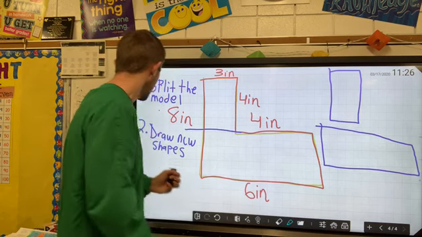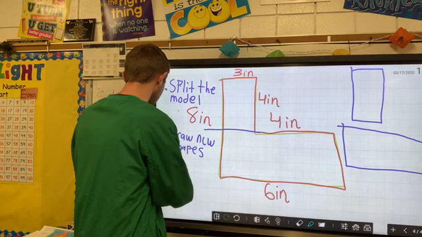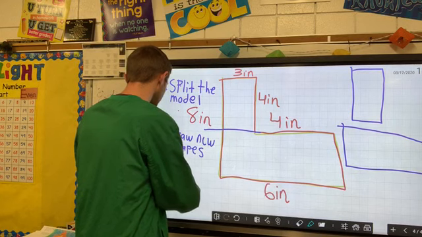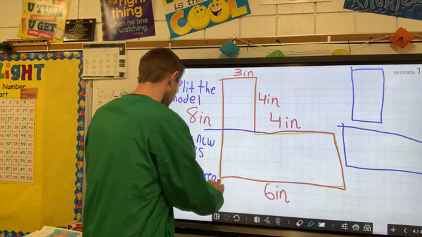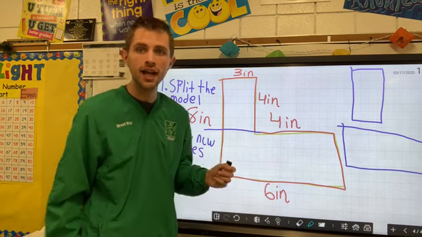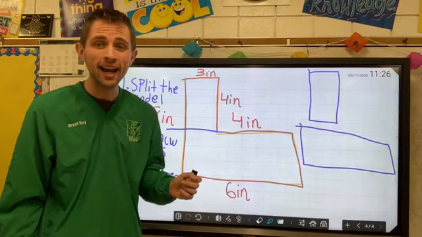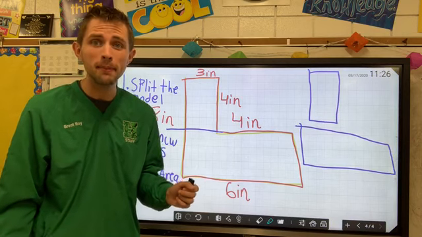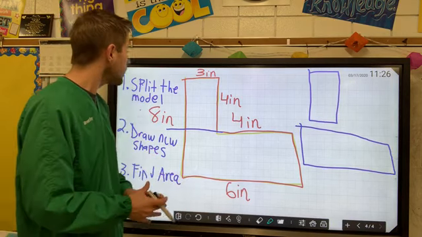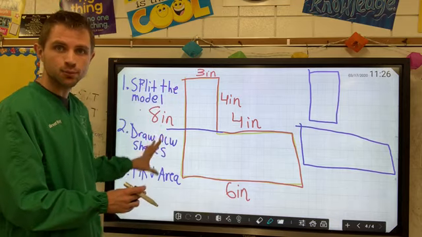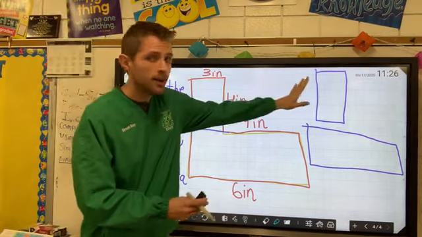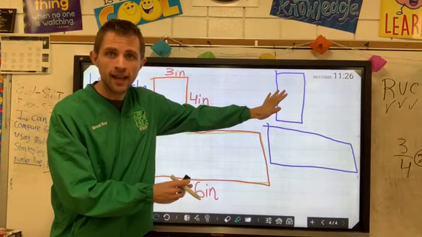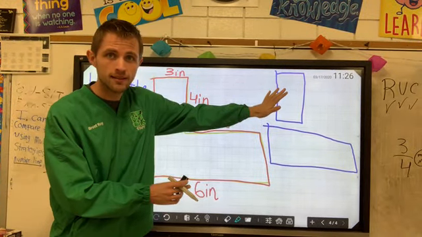Now, step 3 is to find the area of both of the shapes, right? In order to find area, we have got to find the dimensions. So let's use this rectilinear model as a map to help us find the area of this, right?